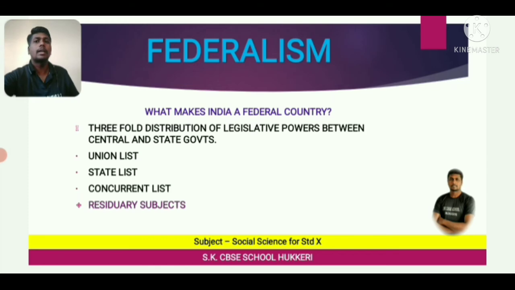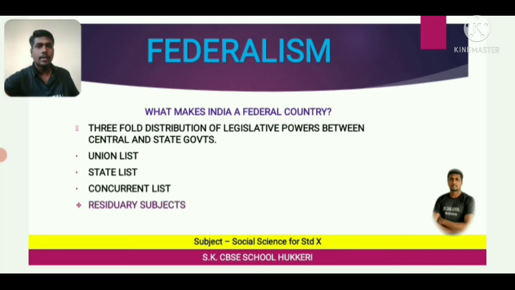For example, Chandigarh is there, as well as Lakshadweep, even Andaman Nicobar, and Delhi is there. These are all called union territories. The areas or regions which cannot be merged with any states, which are too small to declare as states and which could not be merged with other states, are called union territories.